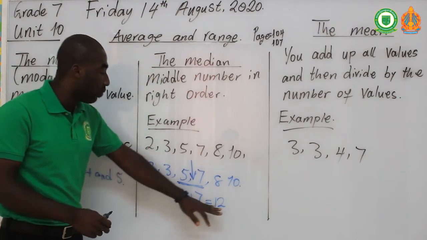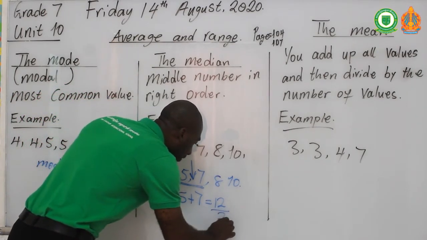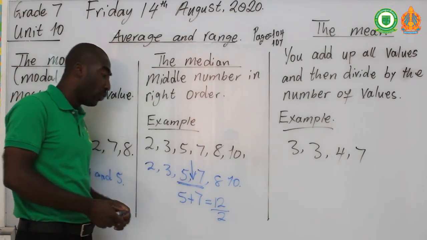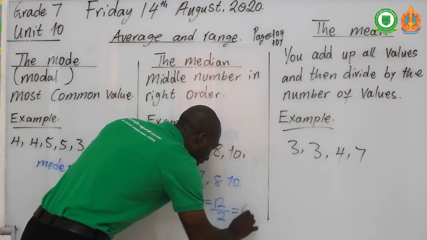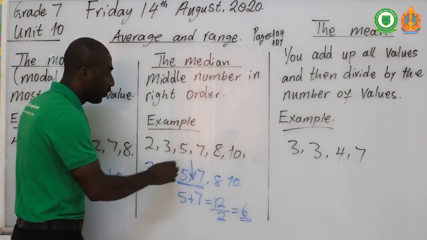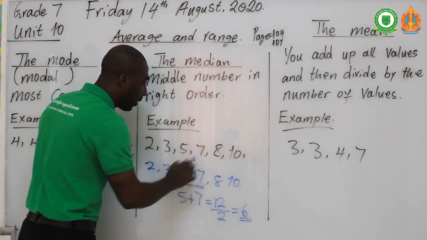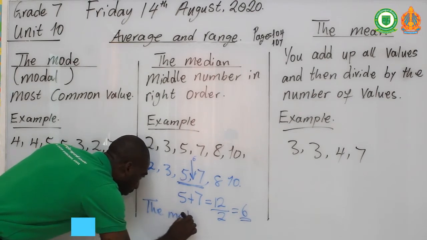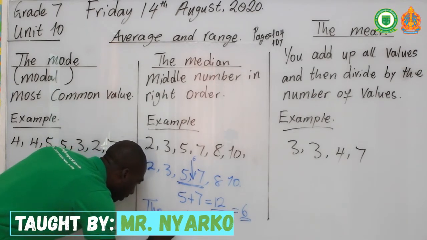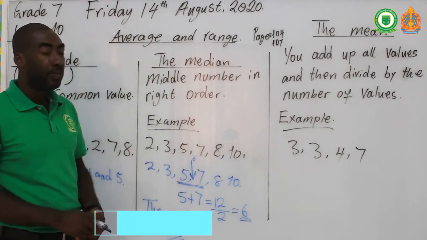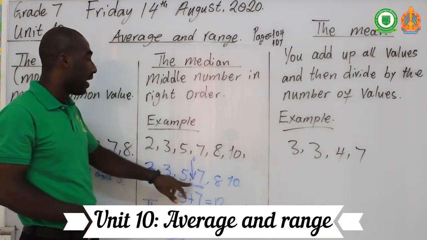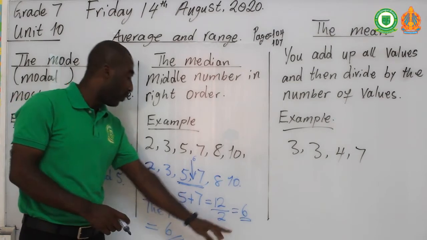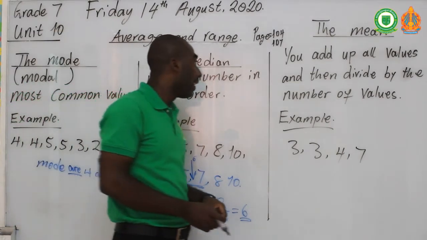Then you divide by 2, because the values we are using are 2, and that is going to give us 6. So the median equals 6. When 2 numbers are meeting at the same spot, whereby you cannot get a middle, add up the 2 and then divide by 2, and then you can find your median average.